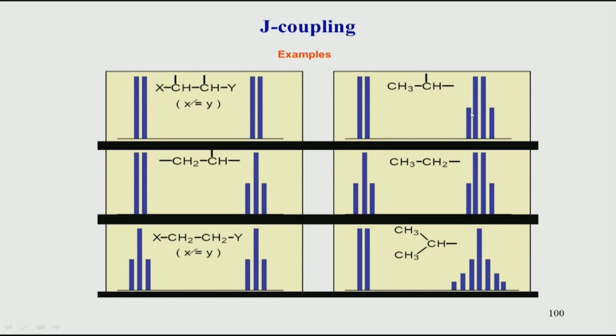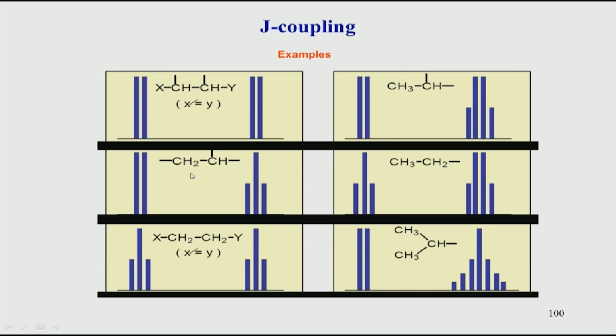Therefore, the intensities are not to scale, which means you would expect these 2 peaks to be 3 times bigger than this peak. Why? Because this is one hydrogen, and these 2 together are 3 hydrogens, CH3 and CH. So, you expect this unit to be 3 times stronger than this, but for the sake of explanation I have ignored the intensity right now. You have to only focus your attention on the peak pattern.